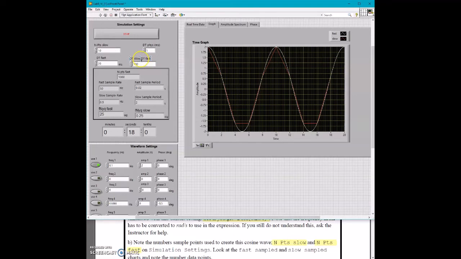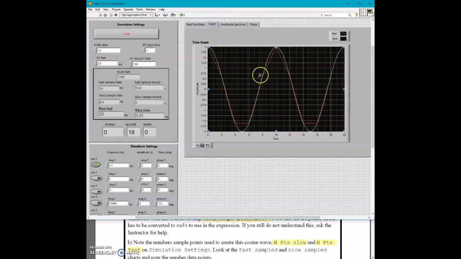So when you sample slowly, which is the red line, you sample 100 times slower, meaning instead of 0.02 seconds, you'll be sampling every 2 seconds. That's right. So when you look at the graph, you see the first data point is at 0, the next one is at 2 seconds, 4, 6, 8, and so on.